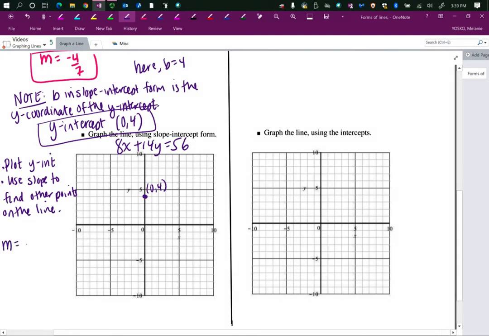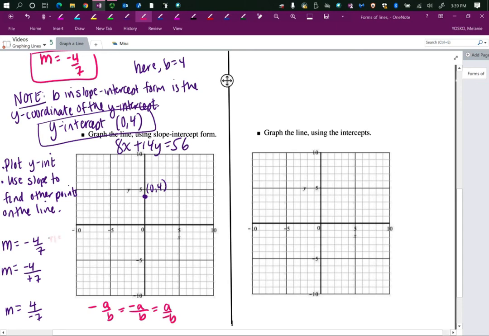Our slope is negative 4 over 7. Okay, we could actually write that 2 different ways. We could say that's negative 4 over a positive 7, and we could write that as 4 over a negative 7, because negative a over b is the same as a over negative b. We can really put that minus in one of 3 places.